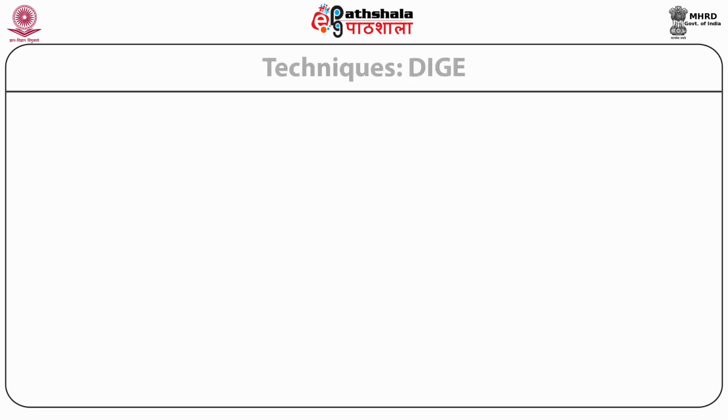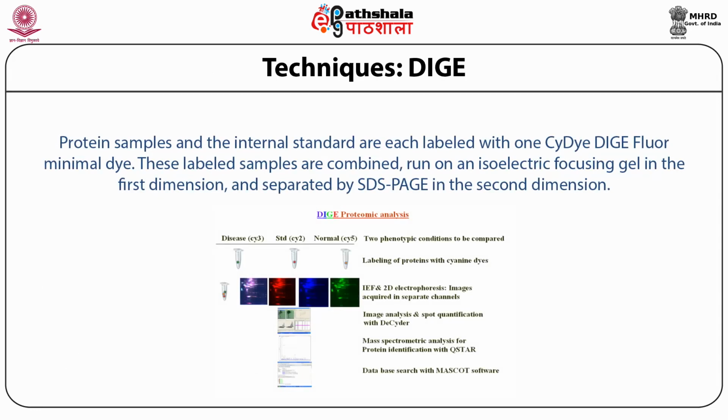The technique of DIGE involves labeling 50 microgram of protein from an experimental group and labeling 50 microgram of protein from the control group. For example, you could be labeling the experimental and the control group with cyanine 3 and cyanine 5, and the cyanine 2 label could be used to label equal amount of protein from both these groups, which would now be the internal standard.